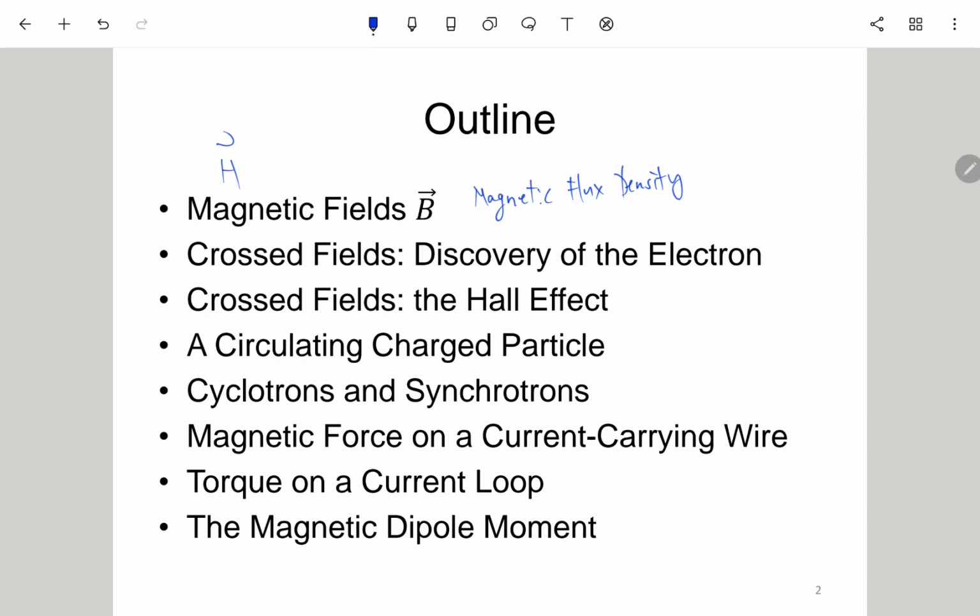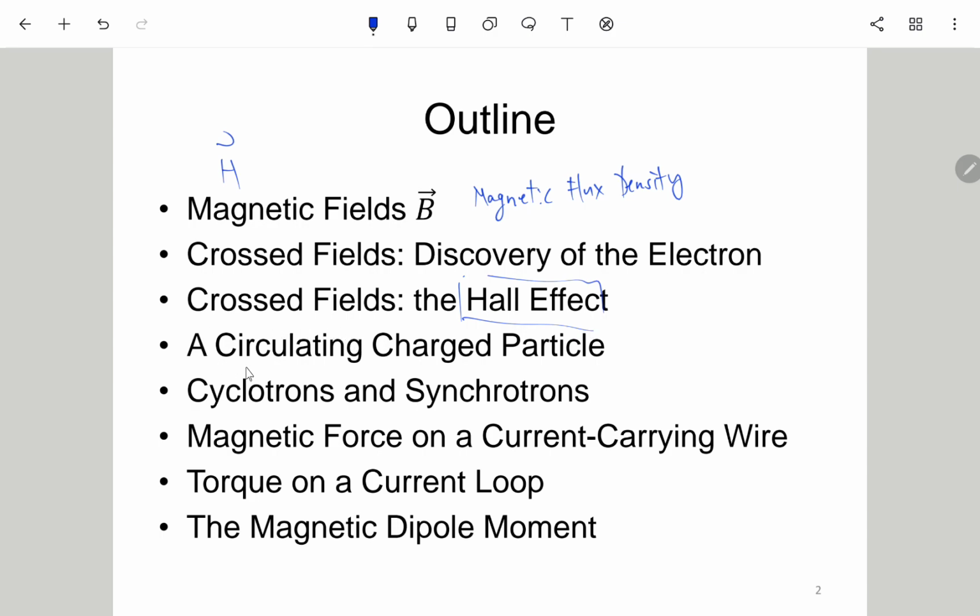For most cases, you can consider positive charge moving in one direction or negative charge moving in the opposite direction. But the Hall effect tells you that it can only be negative charge moving in the opposite direction, not positive charge moving forward. So this is a very important experiment.